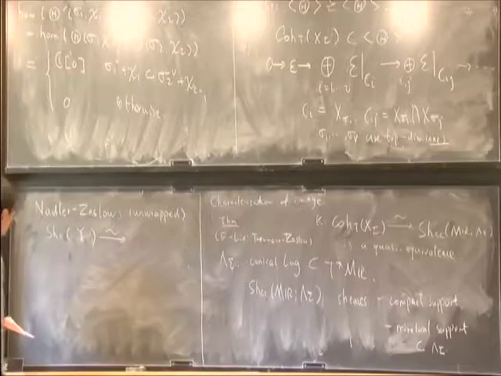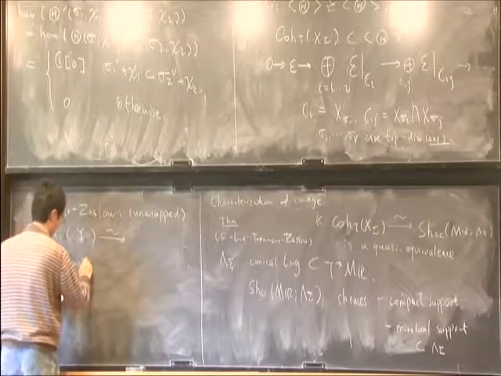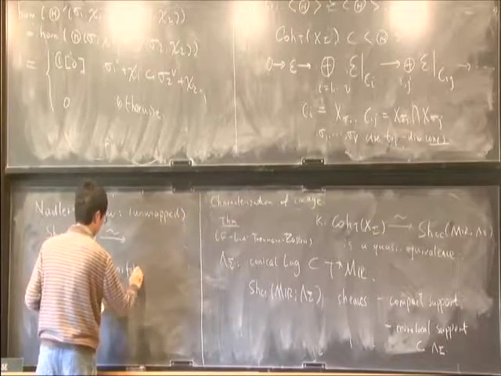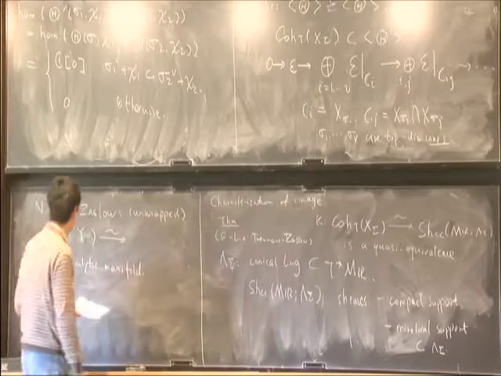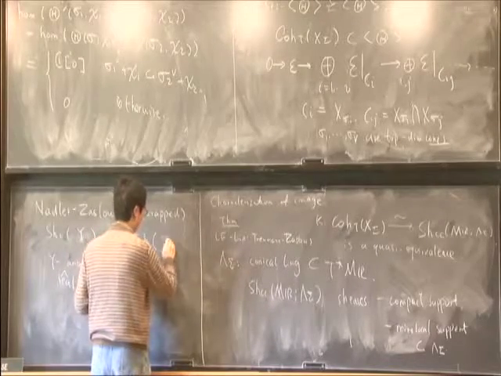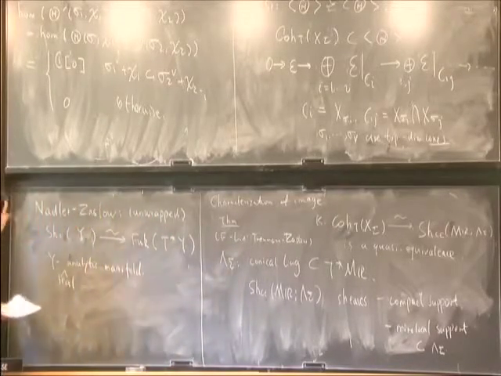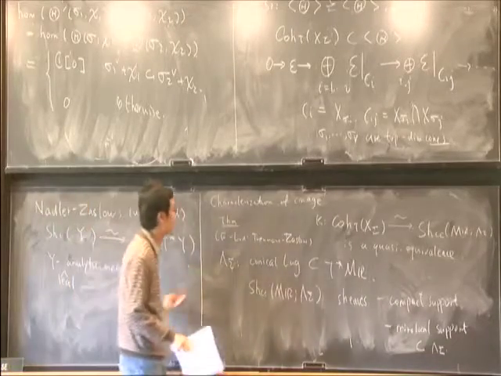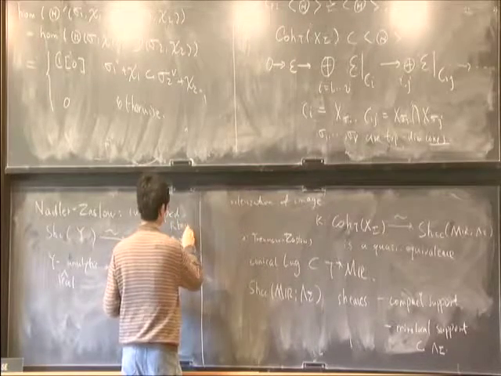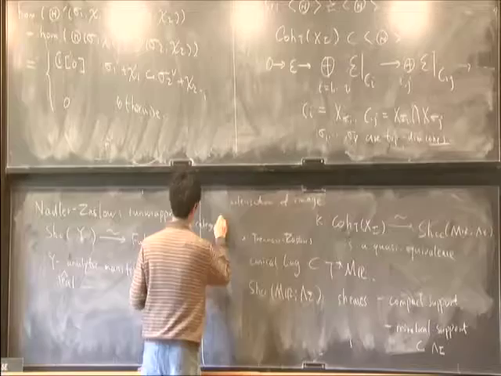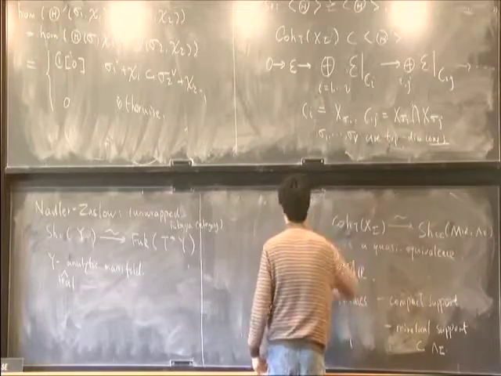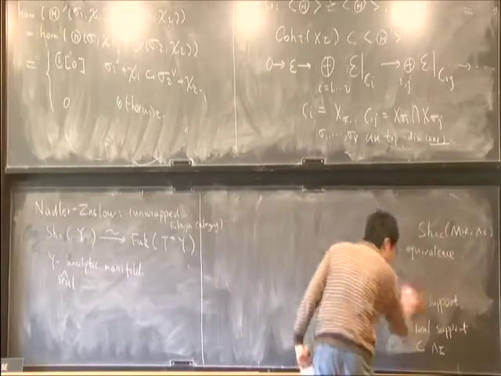For any real analytic manifold Y, they have an equivalence of constructible sheaves on Y with their version of the unwrapped Fukaya category on T star Y. Well, this is an infinity functor. The left side is a DG category. The right side is an infinity category.